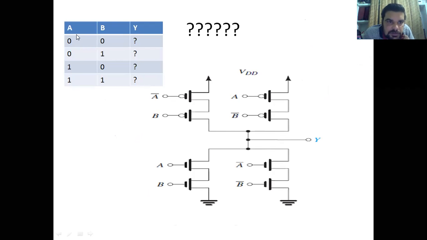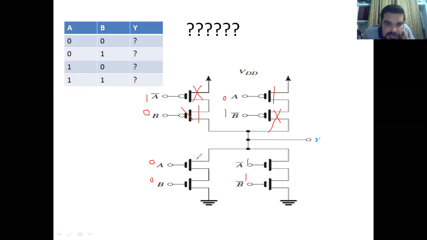So if you apply A and B both 0, so if I apply A 0, this is A bar, that will be 1, this is 0, this is 0, this is 1, this is 0, this is 0, this is 1, and this is 1. Okay, so you can see that if this is 0, then this PMOS is on, this is high, this is off, this is low, this is on, this is high, this is off.